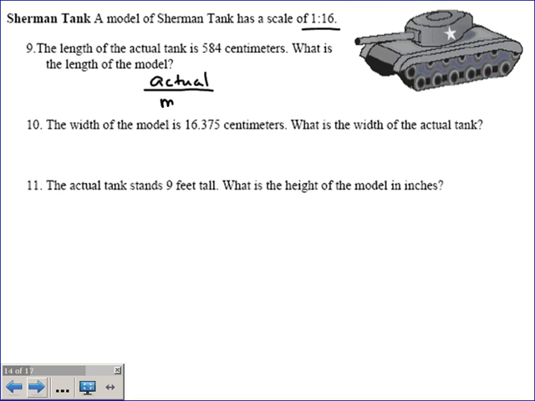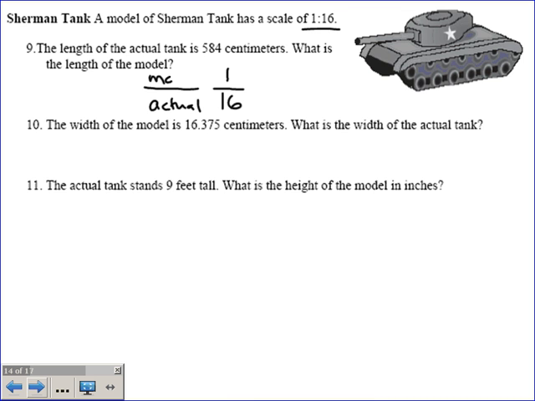Okay, so if the actual is 584 centimeters, what is the model? Well, that's kind of interesting. Should it be actual over model or model over actual? If we're going to be using 1 to 16, would it make sense the actual is going to be bigger?